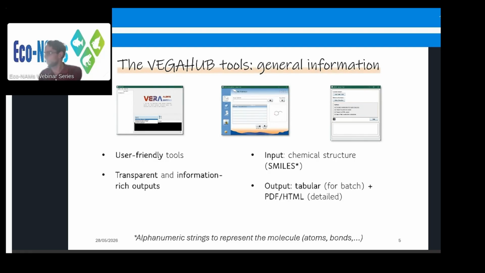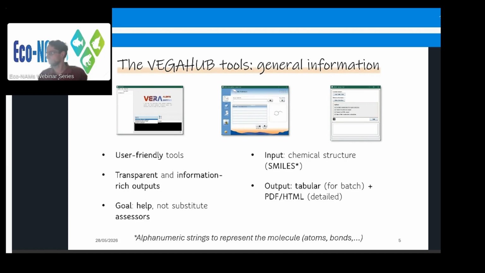These tools are transparent and supply several pieces of information in the output. There is a tabular output that is particularly useful in batch predictions, and a more detailed output in PDF or in HTML, depending on the tool.